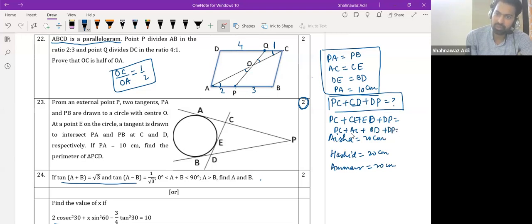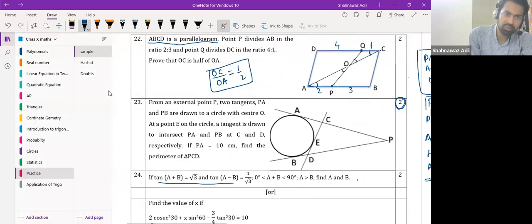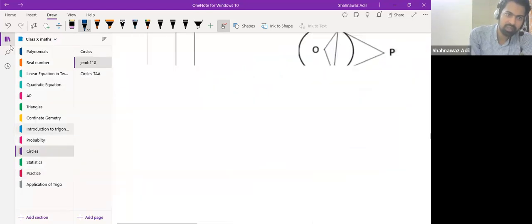So PC plus AC would be PA, and BD plus DP is PB. So this is PA plus PA, so 20. Good, good everyone.